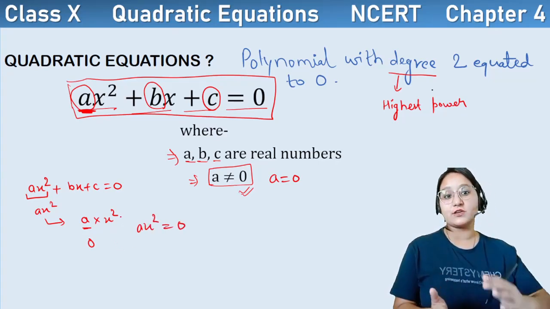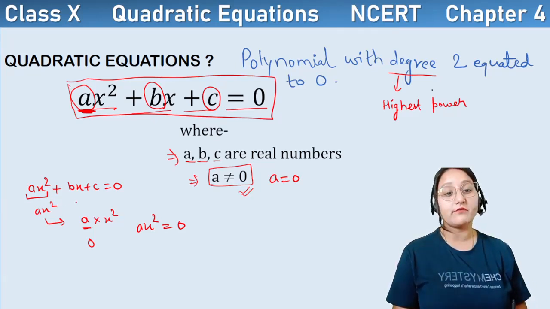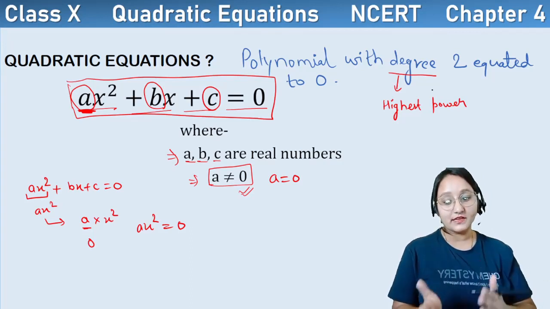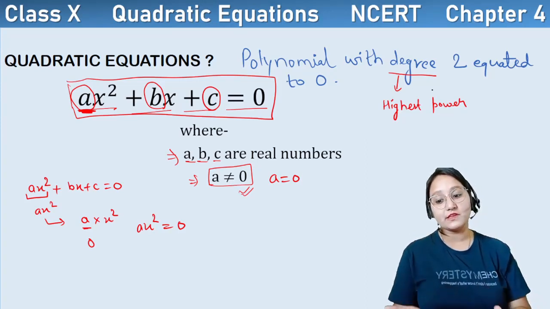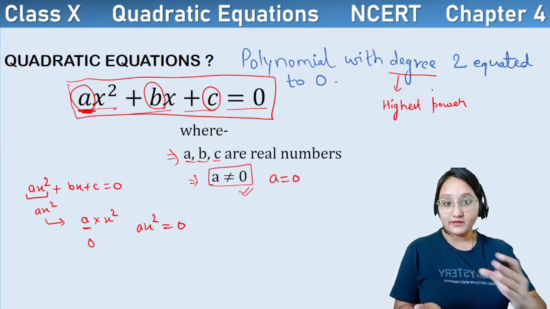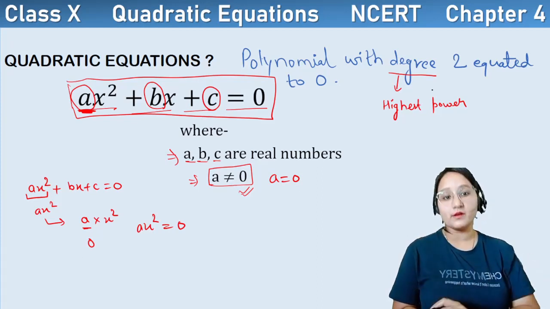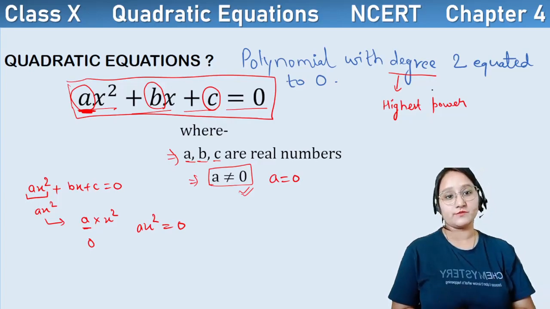And if this term ax square becomes 0, then this equation will no more be a quadratic equation, right? This equation was quadratic because the degree or the highest power of this equation was 2, that is ax square was having. But if this term ax square becomes 0, this equation will no more be a quadratic equation.